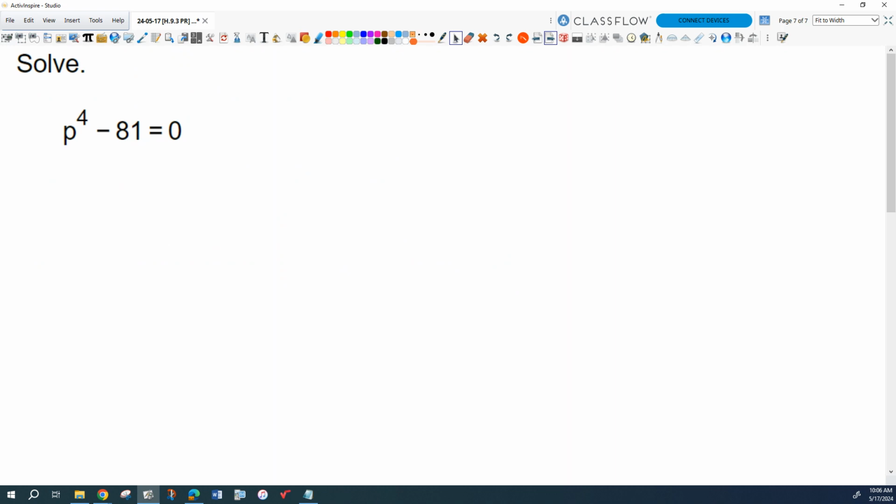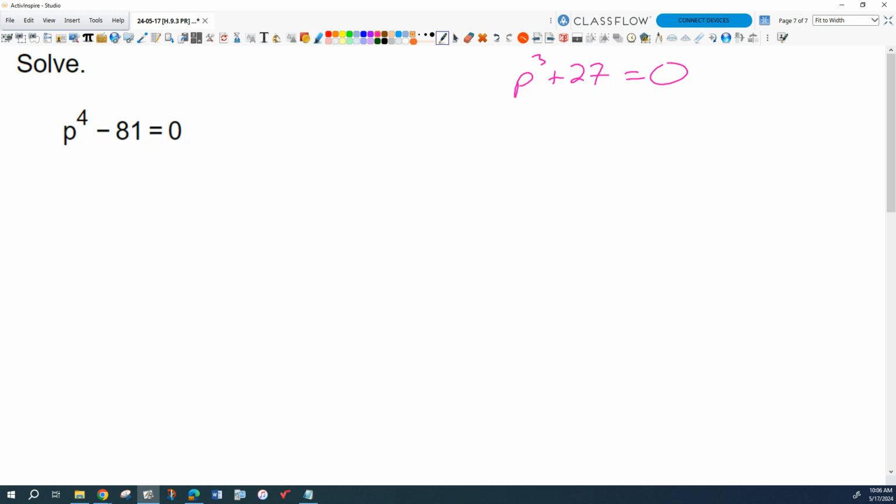But once you get up to something higher, I'll give you a different example. What about this one? What if we did something like this? P cubed plus 27 equals 0.